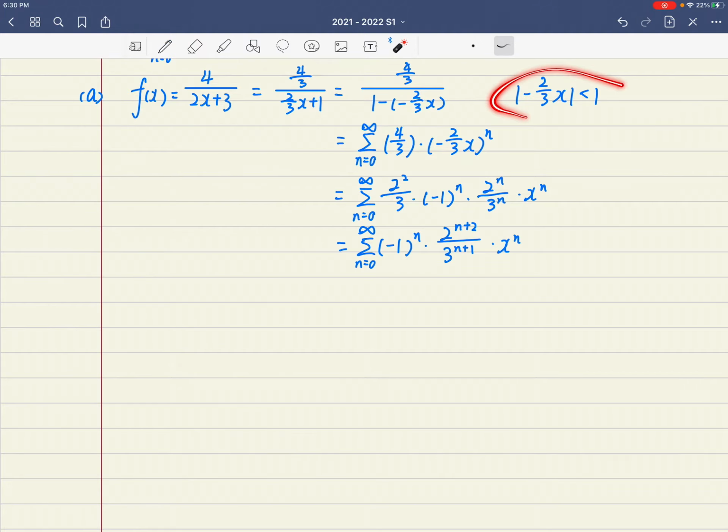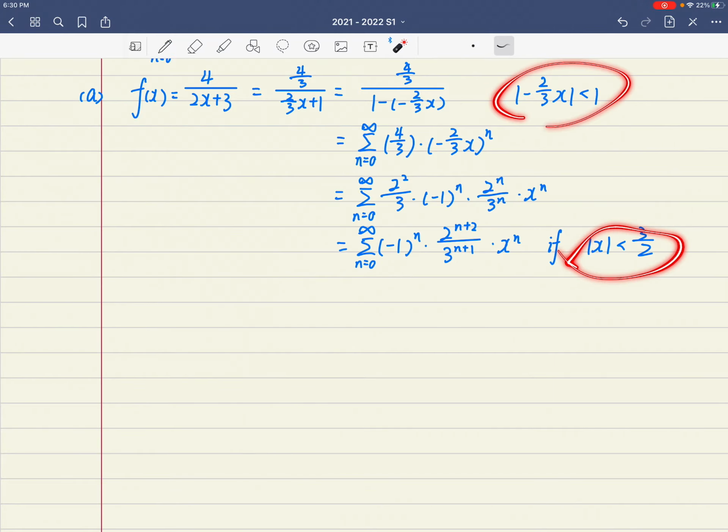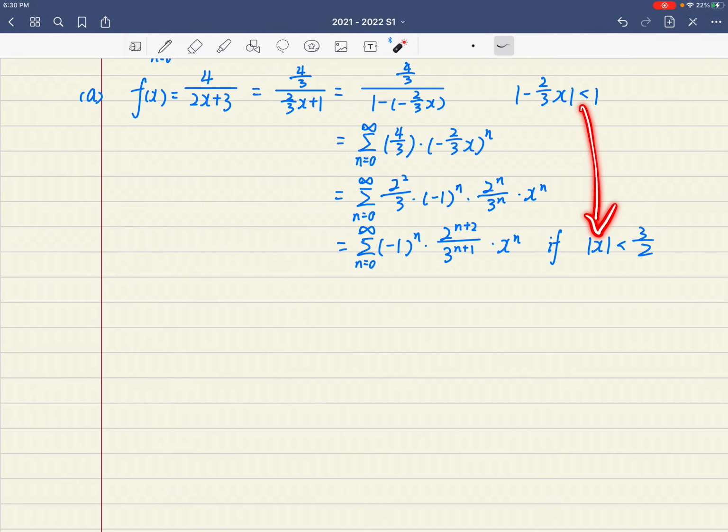Okay, again, don't forget about the condition: the absolute value of x is smaller than 3 over 2. This is from here, right? So from here you get this solution. So determine the interval of convergence.